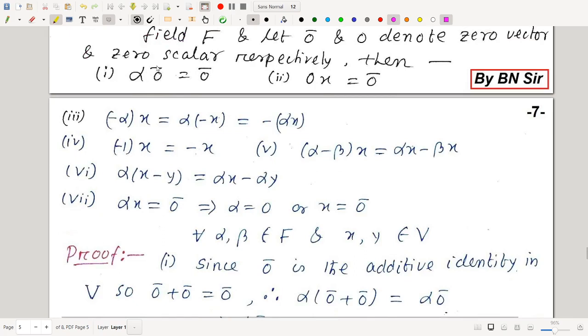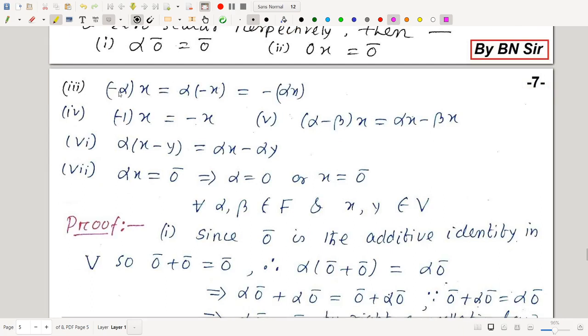Actually, it is alpha star 0 bar. So, alpha into 0 bar is 0 bar. Second: 0 into x is 0 bar. Here it is actually a dot, alpha star, and here this 0 is the scalar 0, so there will also be a star. 0 star x is 0 bar. But the star we are not giving.